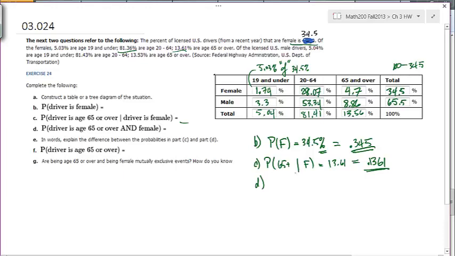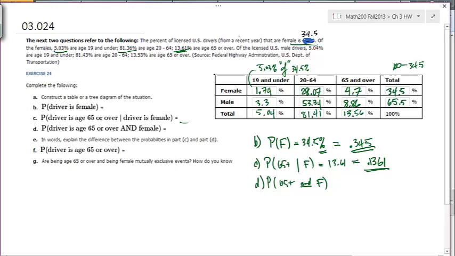probability that driver is 65 and over and female. So when we're looking for the probability that a driver is 65 and over and female, we're not looking at this number 13.61.